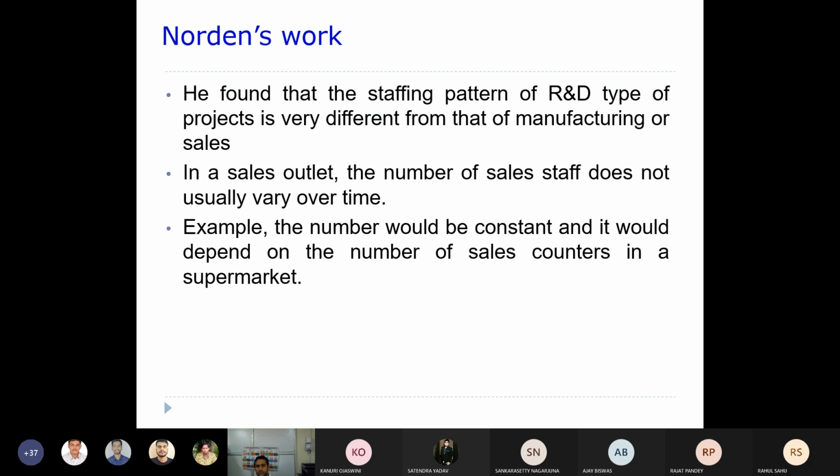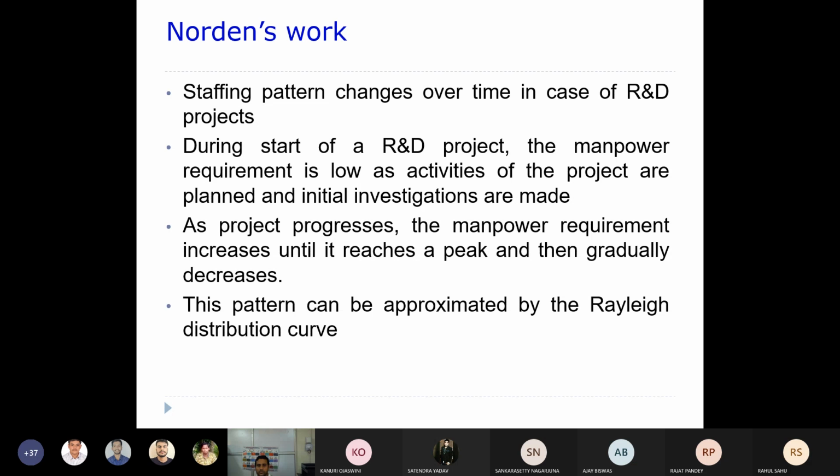So Norden usually studied R&D type projects. The characteristics of R&D type projects are completely different from maybe sales outlet sort of projects, or the software kind of projects. According to Norden, the staffing pattern can be approximated by the Rayleigh distribution curve, right?